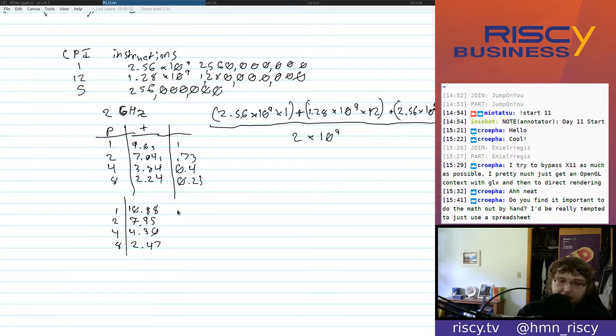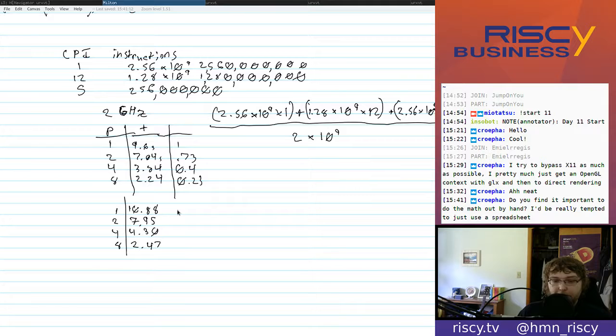All right, now, it says, if the CPI of the arithmetic instructions was doubled, what would the impact be? So what I have here is what the impact would be.